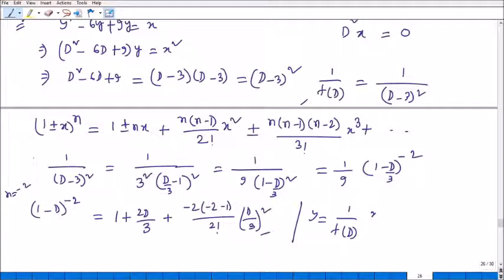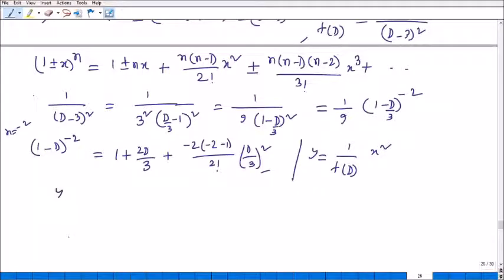Here 1 by f(D) is this term, so we can write y equal to 1 by 9 times 1 plus 2D by 3 plus 3D square by 9 operating on x square.